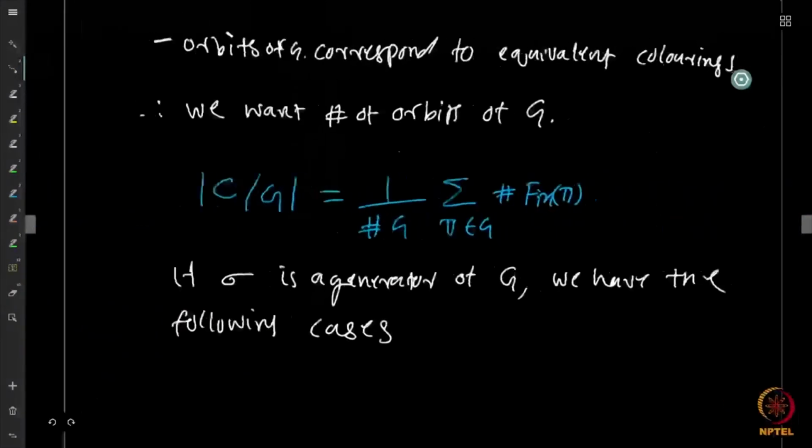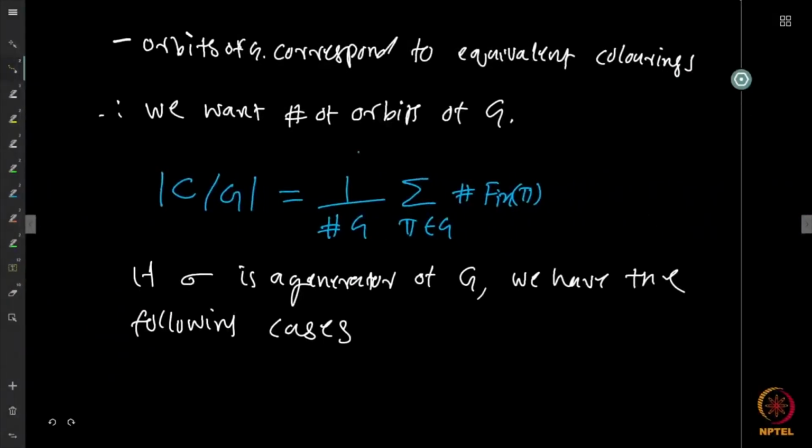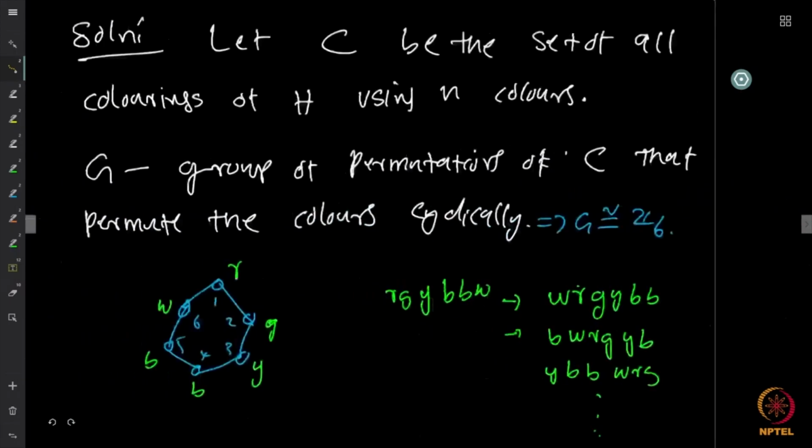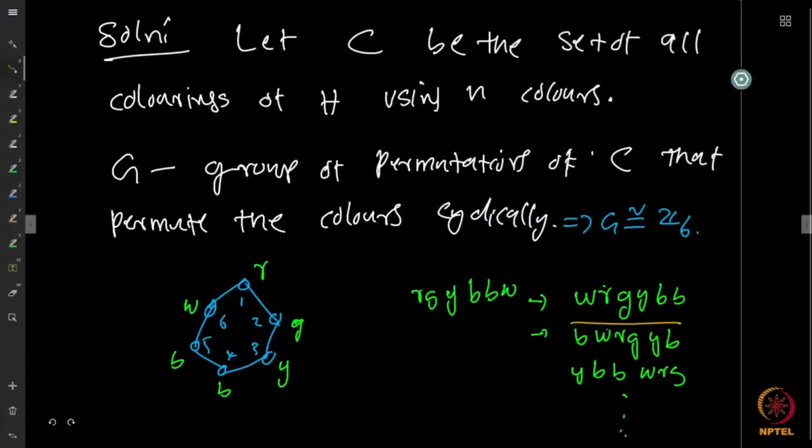Now the orbits of the group G correspond to the equivalent colorings. We want to count the number of orbits because we want the inequivalent colorings. So all the elements in the same orbit are basically equivalent. What we are seeing here is that these colorings are all equivalent, because this is obtained from this by just rotation. This can be obtained by rotation, etc. Therefore, elements in the orbit of this coloring are all equivalent.